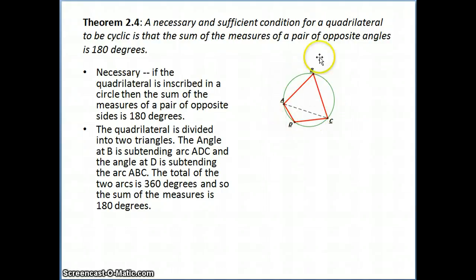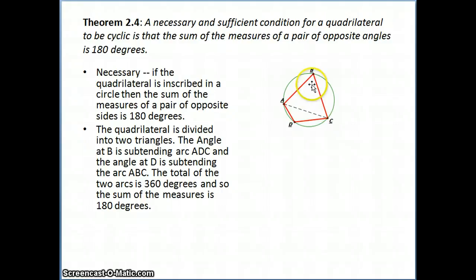We get a quadrilateral, and we want to prove the sum of the measures of a pair of opposite angles is 180 degrees. For example, we want to prove angle B plus angle D is 180 degrees. This can be proved by dividing this quadrilateral into two triangles. If we connect A and C, we get two triangles, ABC and ADC.